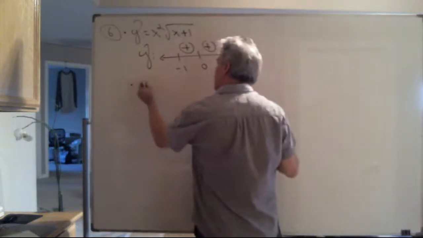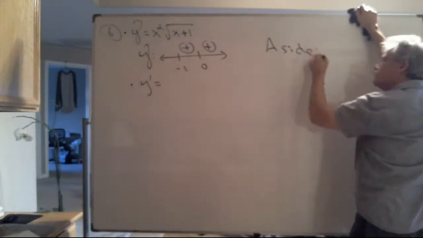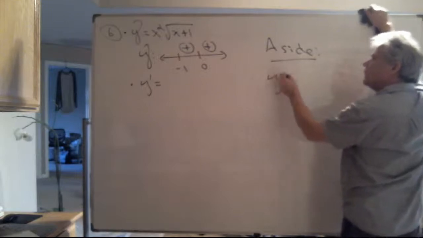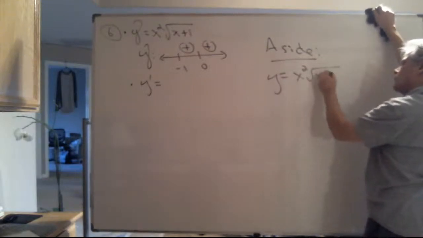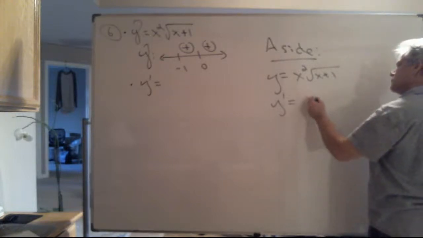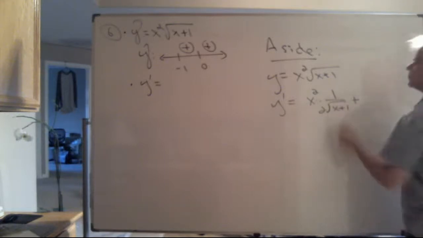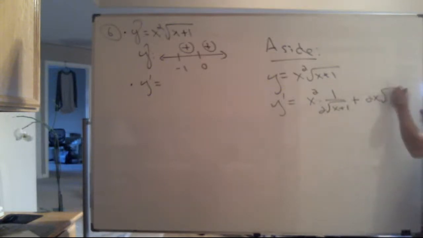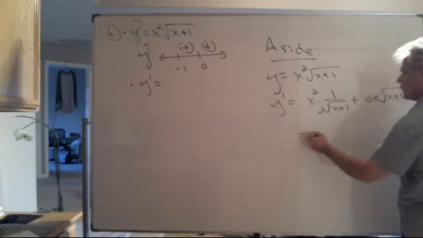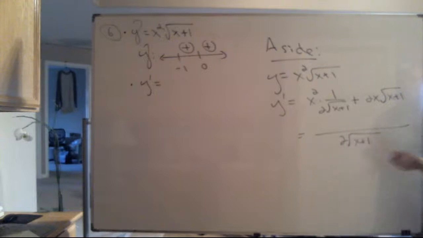But now to come up with y prime, let me pull out a nifty piece of scratch paper. And determine what y prime is. So can I stall and just double check my work? I like the first term, I like the second term.